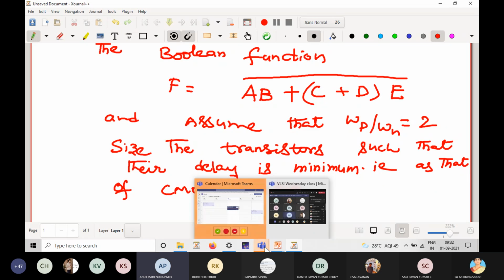Ma'am, I'm not clear about the sizing. What are we supposed to do? I've uploaded a circuit, but I'm confused. I'll check.